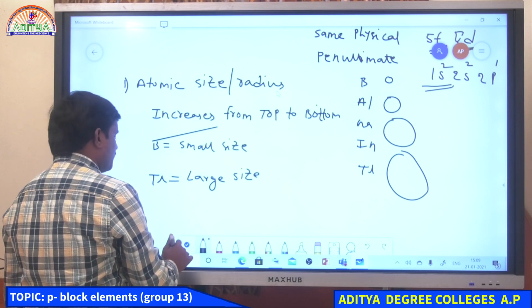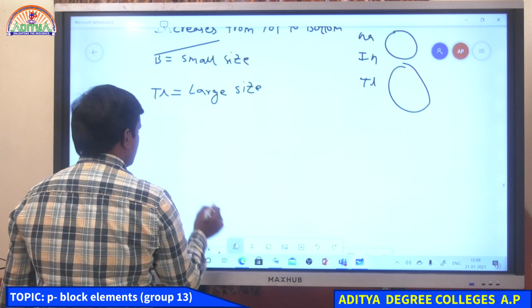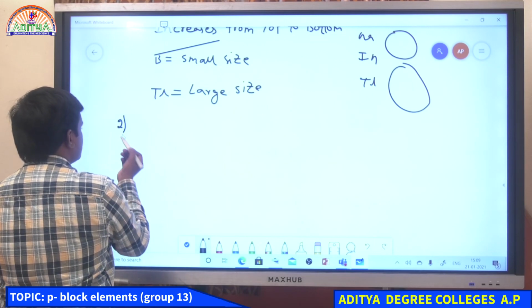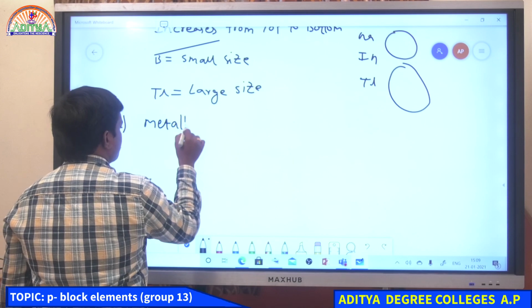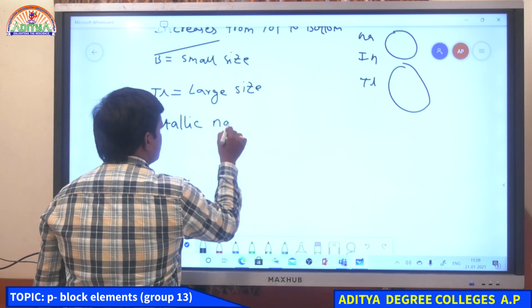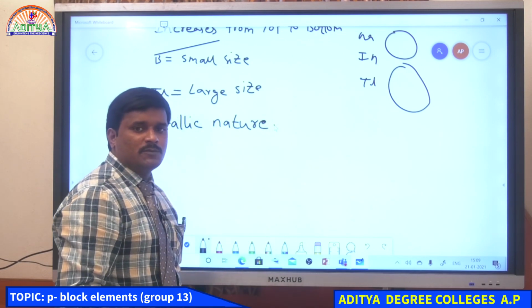Next, the second property is metallic nature. What happens from top to bottom?